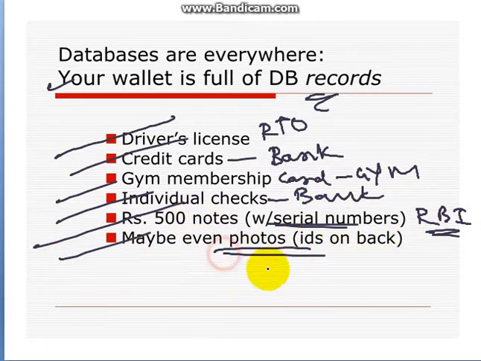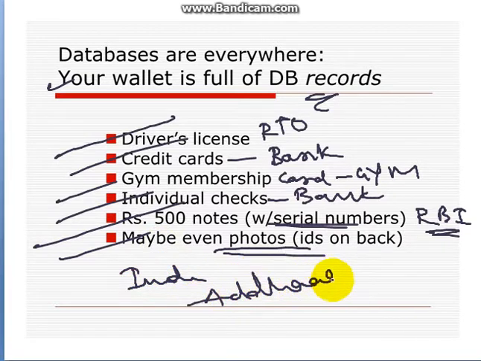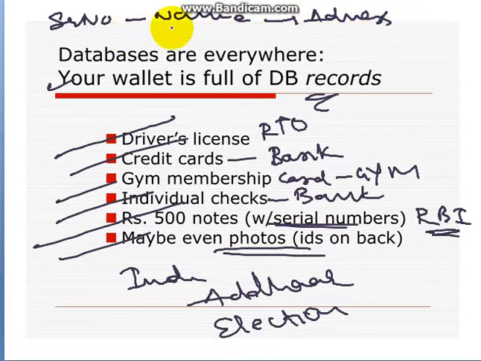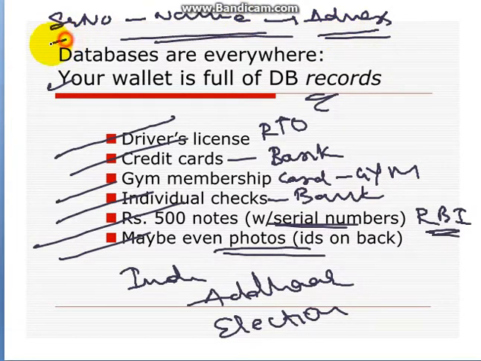And even your photo and ID cards, individual identity cards. For example, if you're an Indian, you might have an Aadhaar card or an election card. These contain a serial number, your name and your address. For example, your mobile number is also associated with it. So lakhs of people have this kind of data, and it is connected to something called a database. The database is everywhere.